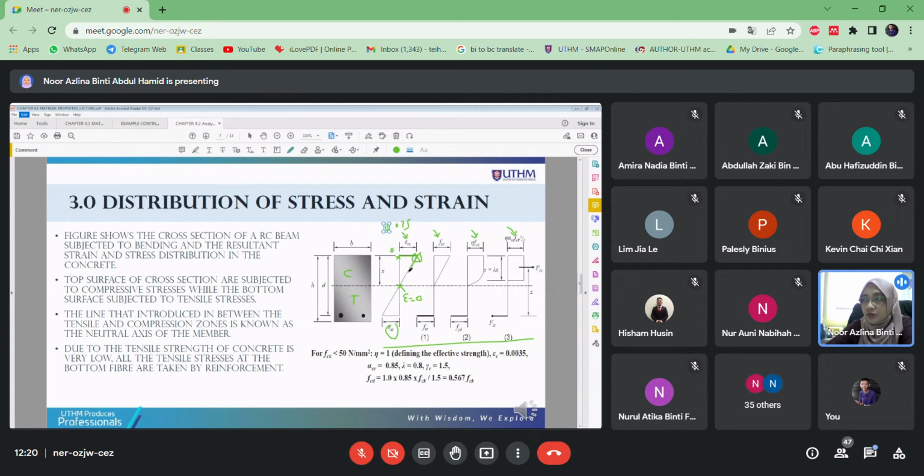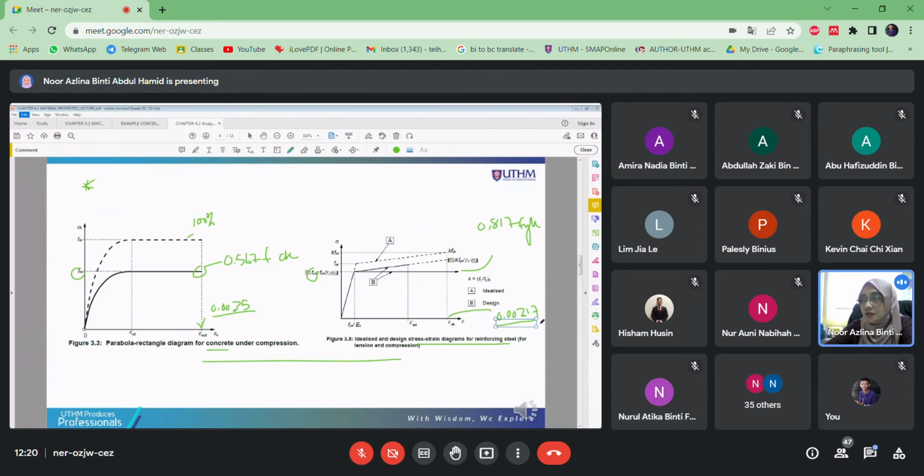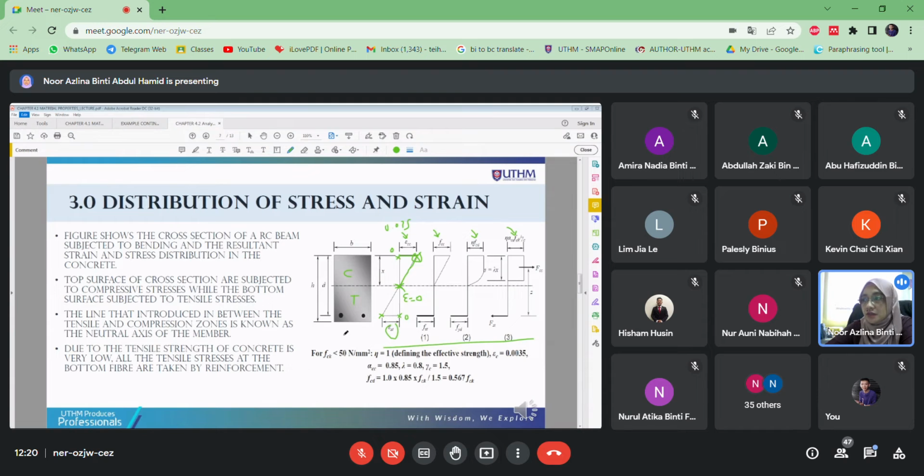Then you can plot the neutral axis, where your strain adalah kosong. Then for the steel, this starts with 0 strain, and the maximum for the steel is 0.00217.